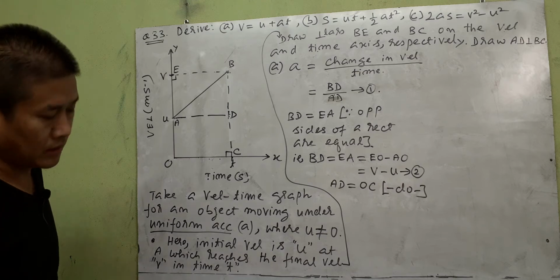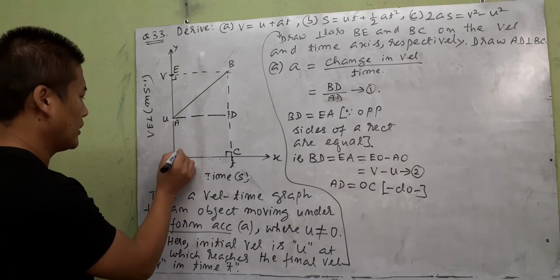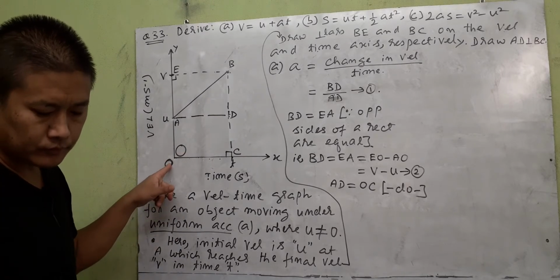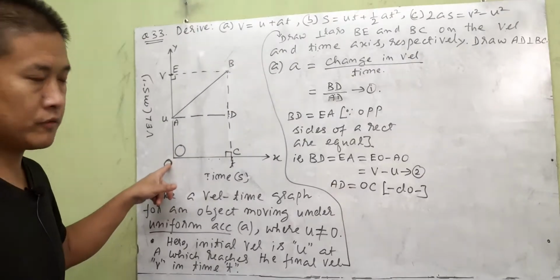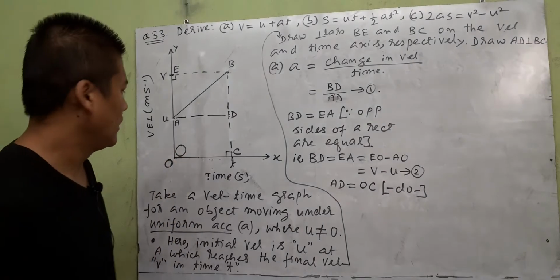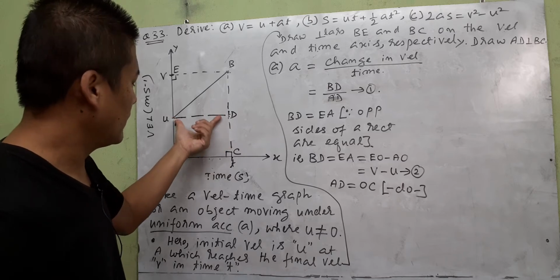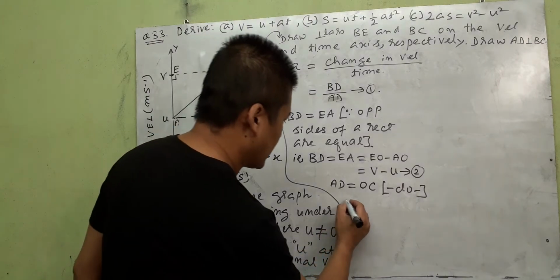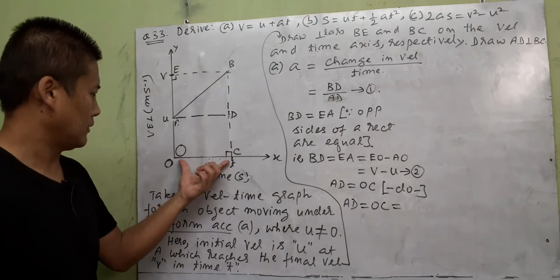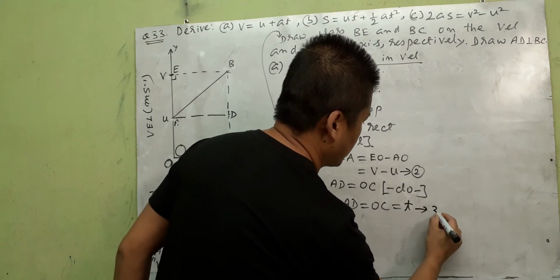Okay, this is not OC, this should be O, this is actually 0, so you put here O. This is the English letter O, and this is the number 0. Add that on your tuition note also, it's missing O here. So in this AOCD rectangle, AD equal to OC. Then AD equal to OC, which is the time period from 0 to t seconds, so this is t. So this is equation number 3.